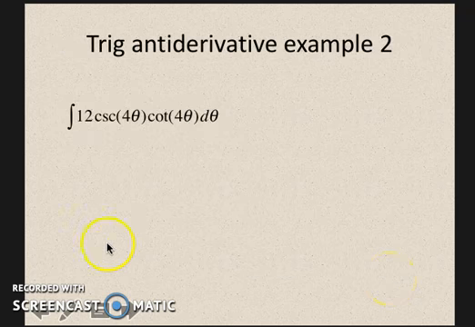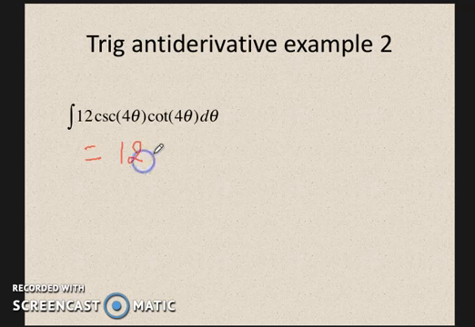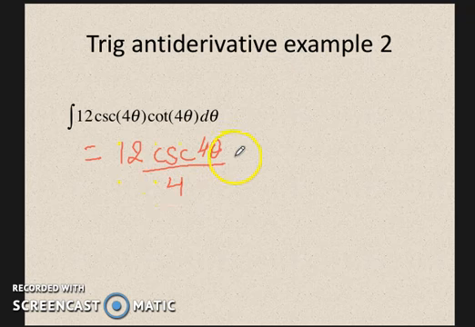So let's solve this. 12 is the constant multiple, so this stays. For cosecant 4 theta cotangent 4 theta, you get cosecant 4 theta, and you divide by the coefficient of theta, 4, plus c of course. And 4 goes into 12 three times, so you get 3 cosecant 4 theta plus c. That's your answer.